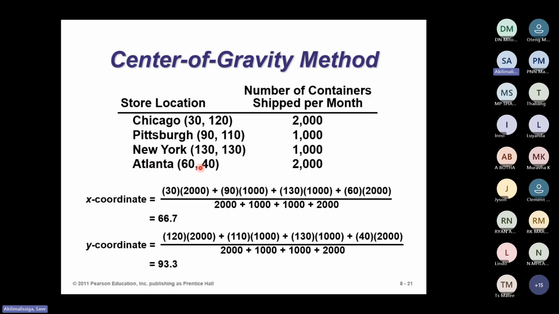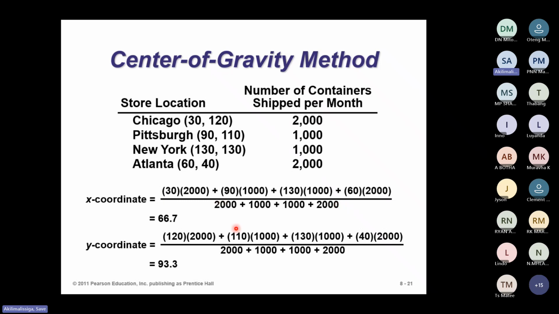Atlanta, 60 multiplied by 2,000. That's what you have here in the numerator. And in your denominator, you're going to have the sum of the containers shipped to these different locations. So you're going to have 2,000 plus 1,000 plus 1,000 plus 2,000. That's what you have in the denominator here.